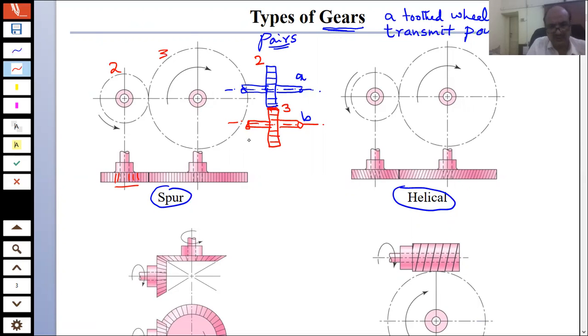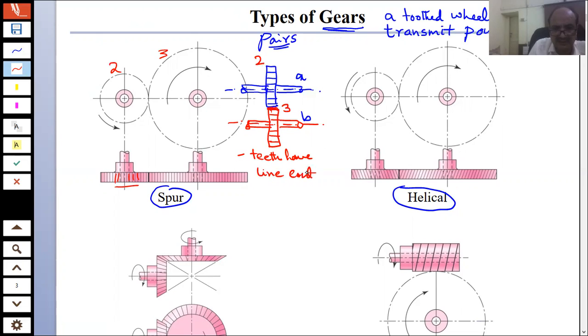Okay? So spur gears are basically gears that have the highest efficiency, and these are gears in which the teeth, when they mesh with each other, have line contact between the teeth.